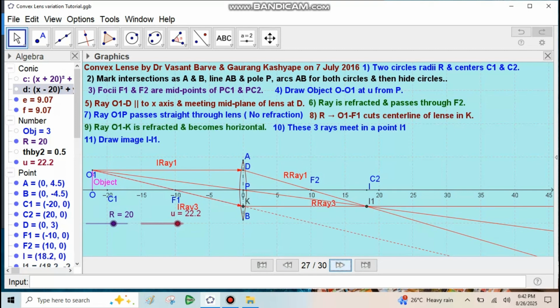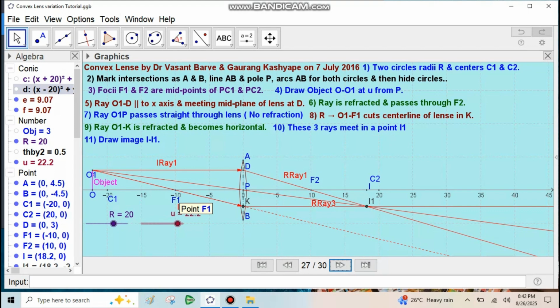Now what we do is, in addition to this, we put one more ray. Now this ray, you will see that I have drawn it through F1.